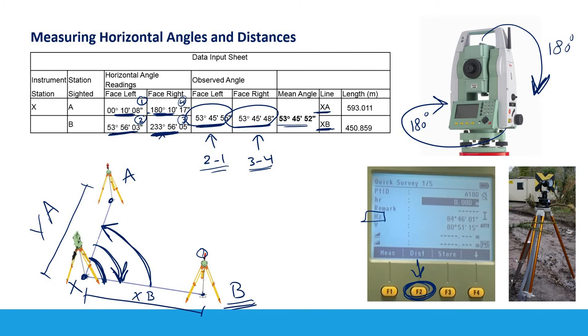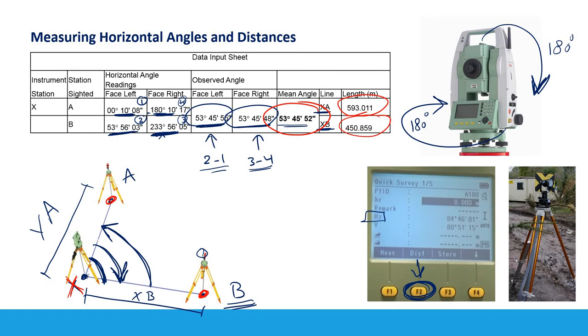Okay guys, by doing that we have calculated the horizontal angle between these two points, which is the final value here, and also the distances between our station X and both points A and B.